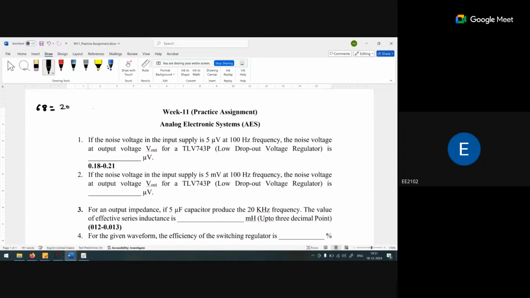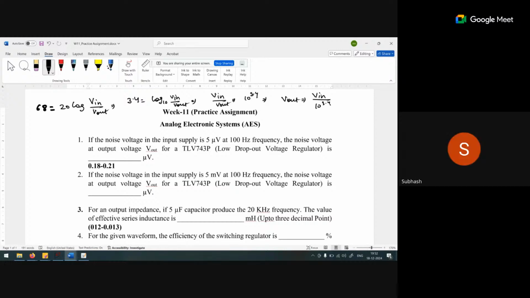So 68 is equal to 20 log10 of Vin upon Vout. So 3.4 is equal to log10 of Vin upon Vout. So Vin upon Vout is 10 raised to the power 3.4. Now clear? Now clear, sir.